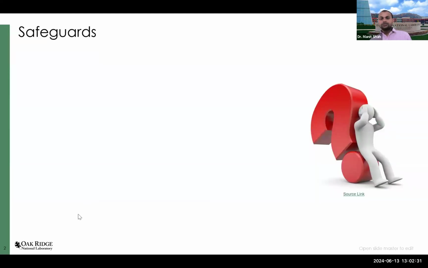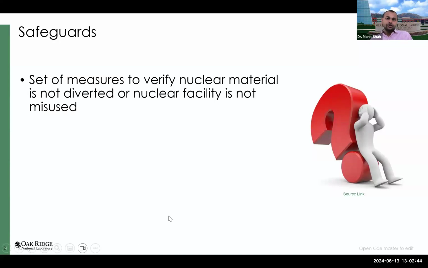Okay, so if we have to start with what safeguards is, and not go to the definition level, it is essentially a set of measures to verify that nuclear material is not diverted or misused in a nuclear facility.